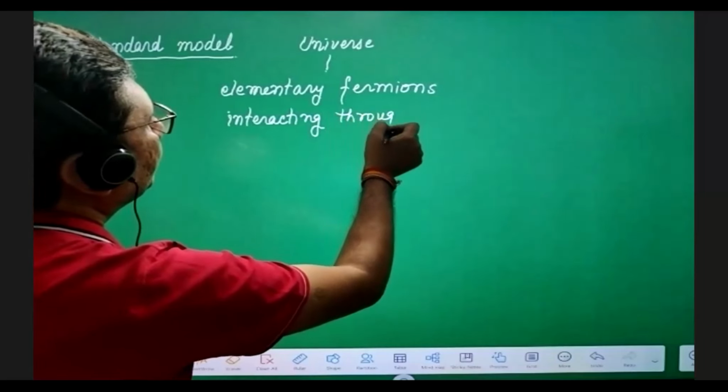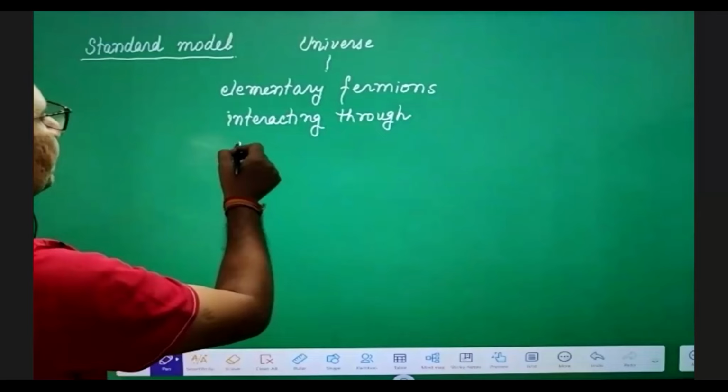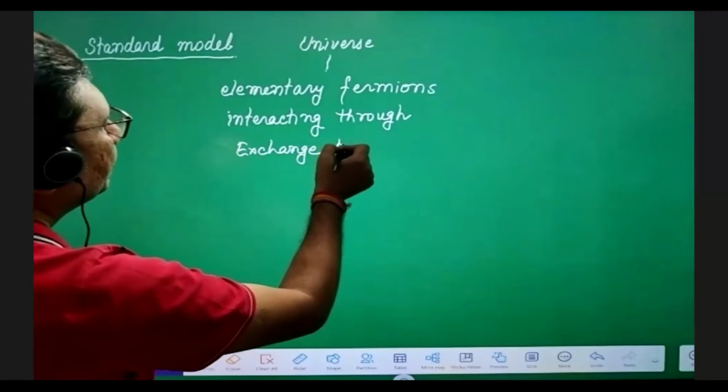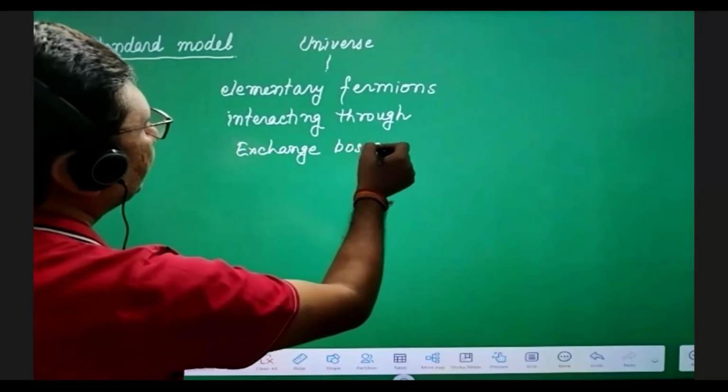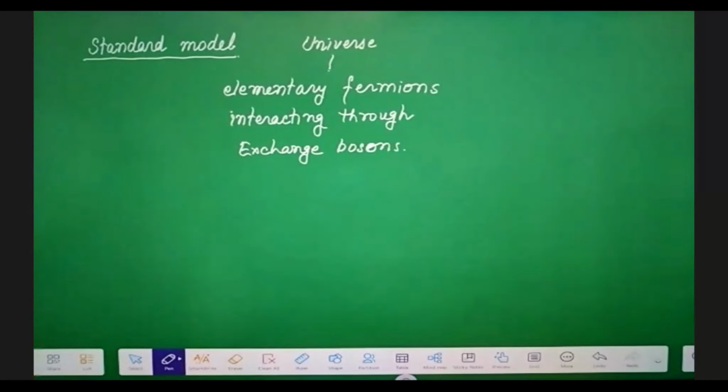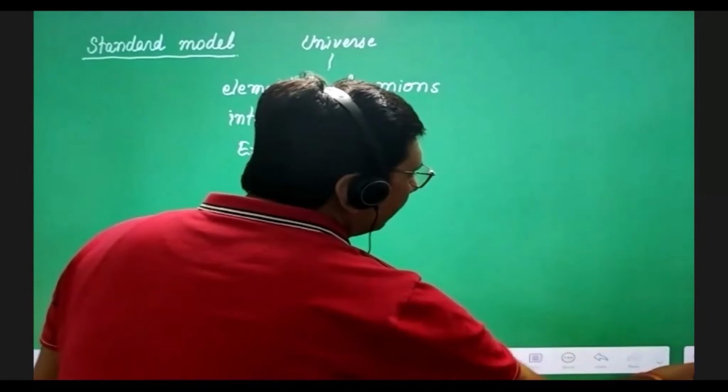So all these fermions and bosons can be classified into the following four categories.